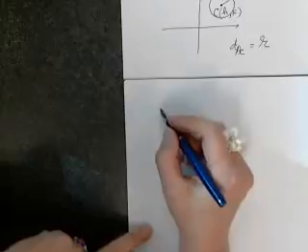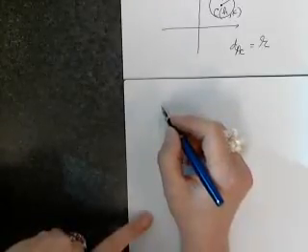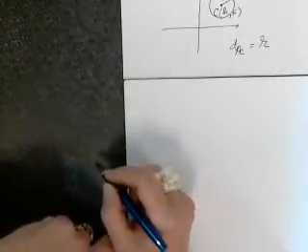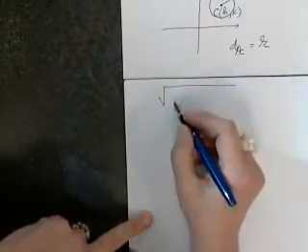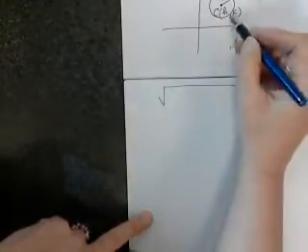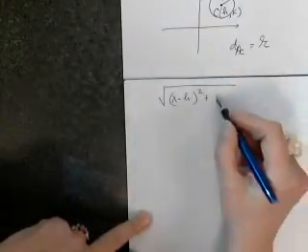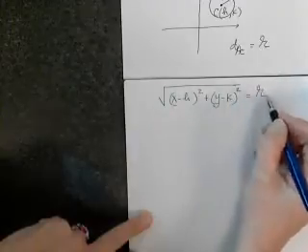So can anyone remind us the distance formula? It's x minus h, everything squared, plus y minus k, everything squared, square root, equals the radius.